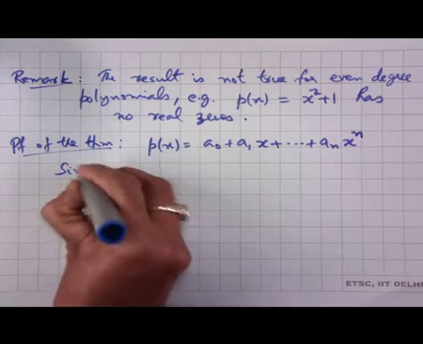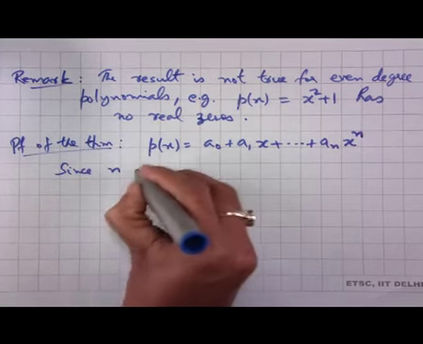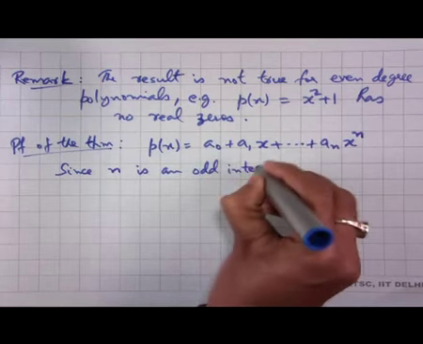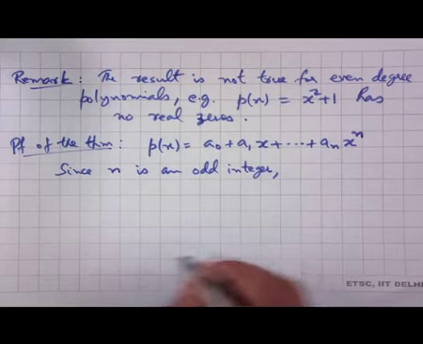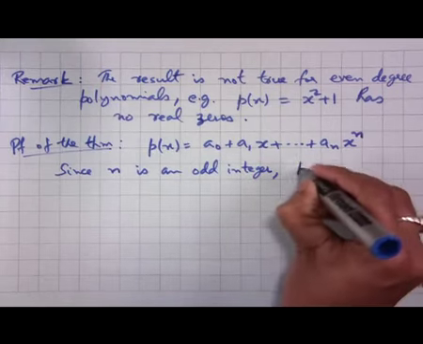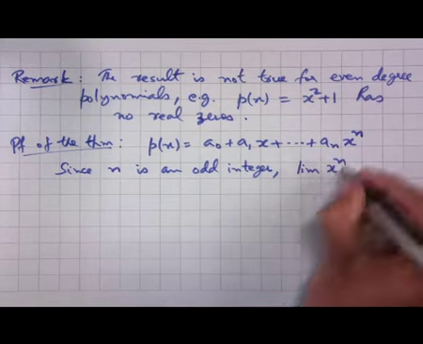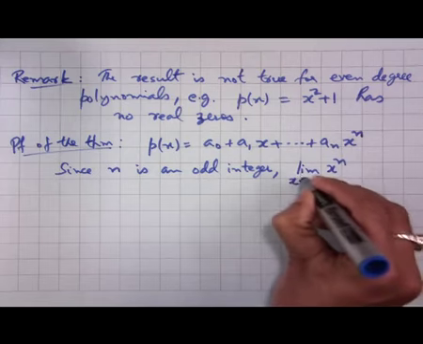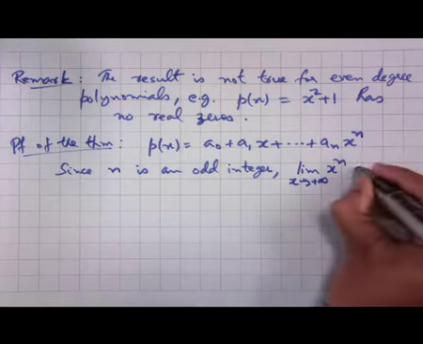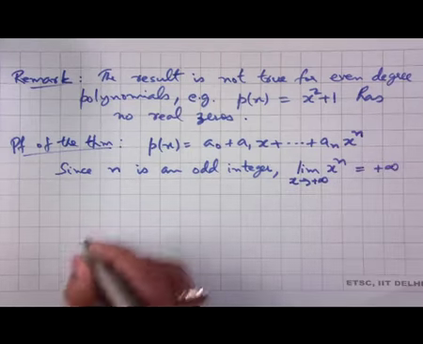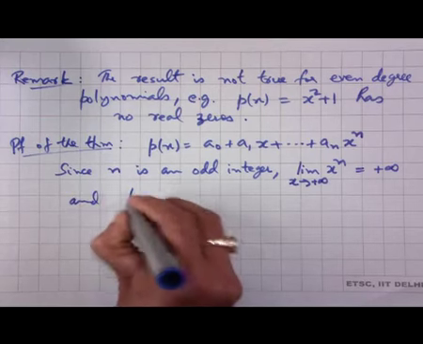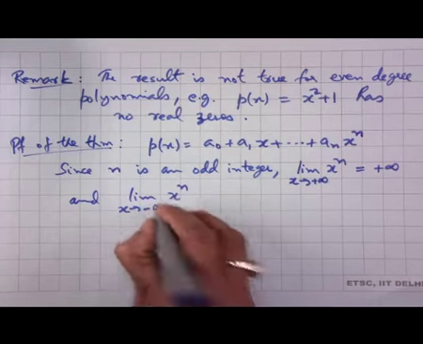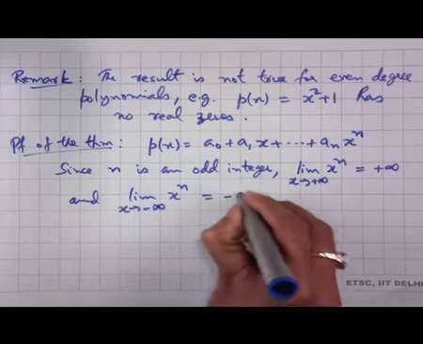Since n is an odd integer, if we look at the limit of x to the n, the highest term, as x goes to positive infinity, this is equal to positive infinity, and the limit as x approaches negative infinity, this will give us negative infinity.